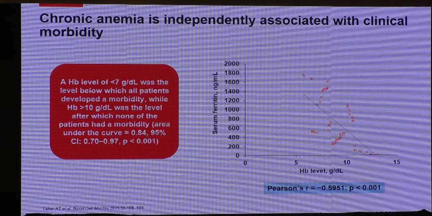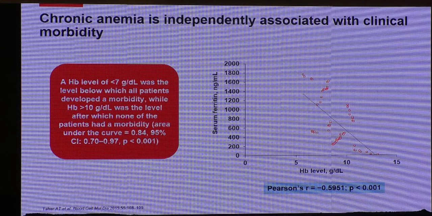And in this study, the main thing that we came out with is that there is a correlation between low hemoglobin levels and morbidity. And we came out with what are becoming more and more gold standards for the thresholds of hemoglobin as a target. The main threshold that came from the study is the hemoglobin of 10, whereby when we did the ROC analysis, the analysis to see which level of hemoglobin predicts occurrence or lack of morbidity, all patients that had hemoglobin more than 10 did not have any morbidity.